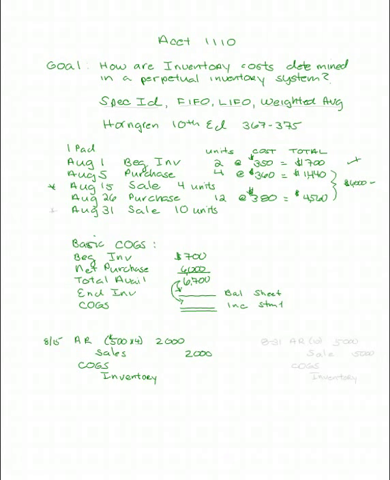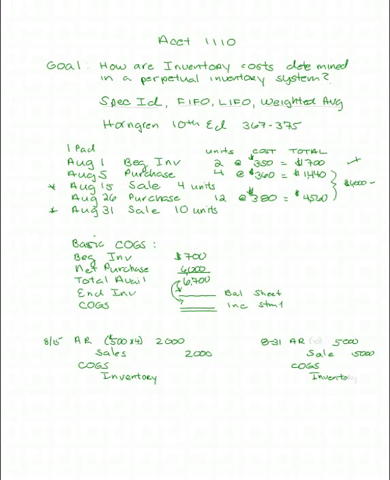Notice we also have a sale on August 31st. We have the same problem. In accounts receivable, we sold 10 units, and again at $500 each, so 10 times 500 is $5,000. And we have a sale of $5,000. That's part of our entry, but then you need to come back and do the cost of goods sold and the inventory reduction.